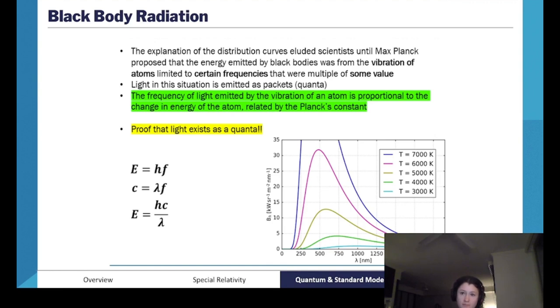So what we have on the slide here is really all that you need to know. If it seems a little bit confusing, that's because it is. When we get into Young's double slit experiment and then the photoelectric effect, it's more easily understandable and you can go into more depth on them.